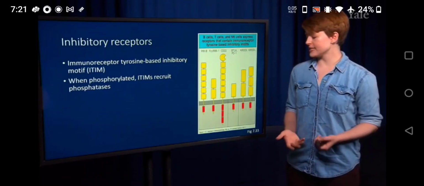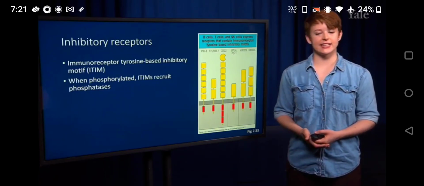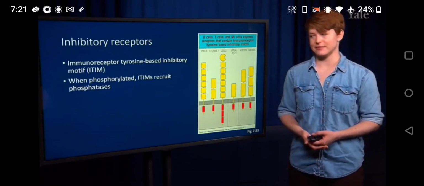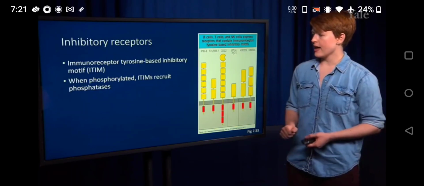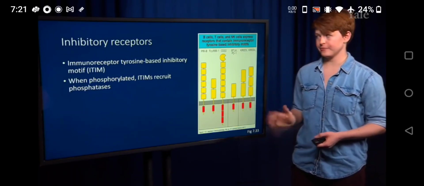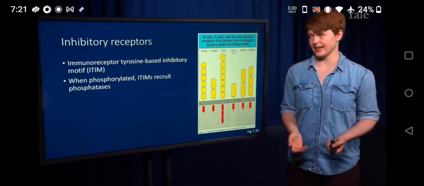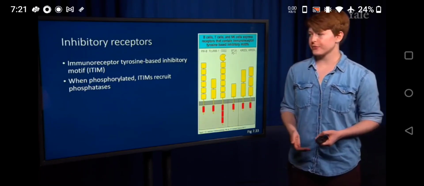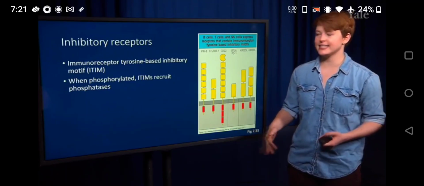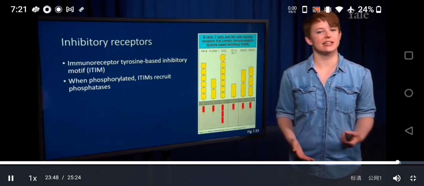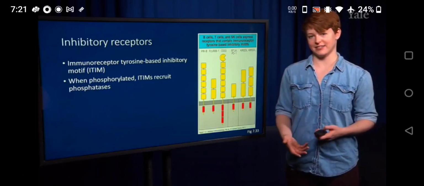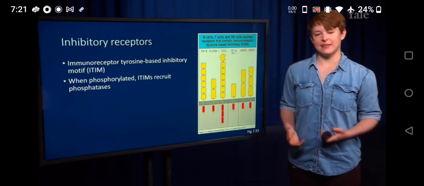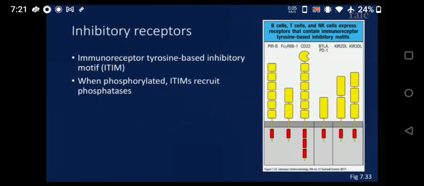And besides T cells, these inhibitory receptors are found across many different cell types. These are some examples here through B cells, T cells, and NK cells. And all of these work through these ITIM motifs. So we talked about ITAM motifs, which are activating, but ITIM motifs are inhibitory.